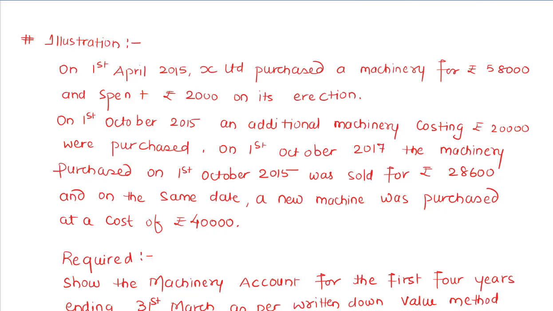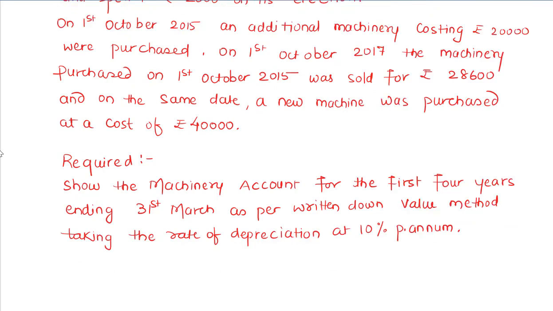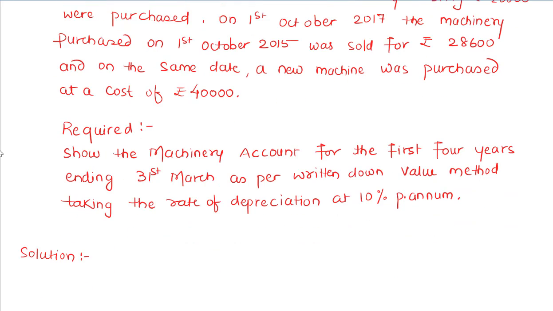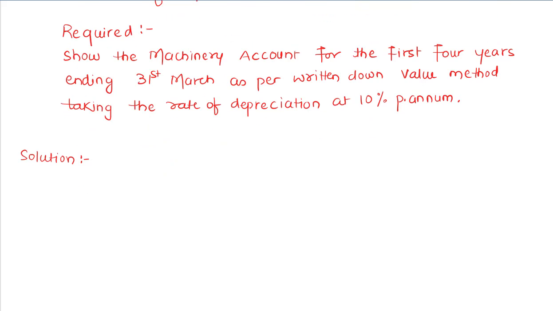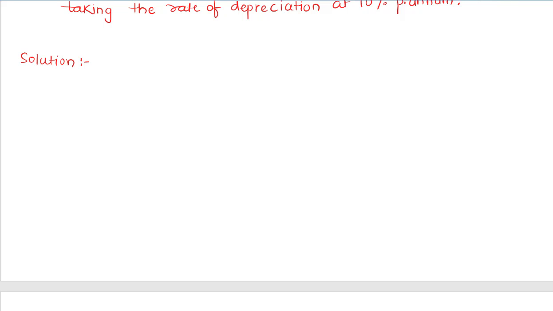We have to make the machinery account for the first 4 years. The accounting year starts from 1st April every year and ends on 31st March. We follow the written down value method, and the rate of depreciation is 10% per annum. We have already learned how to find the depreciation rate in the previous classes. Let us continue and make the machinery account.